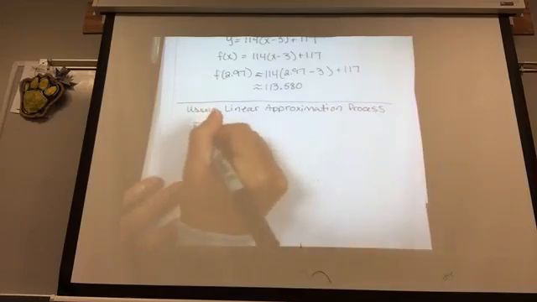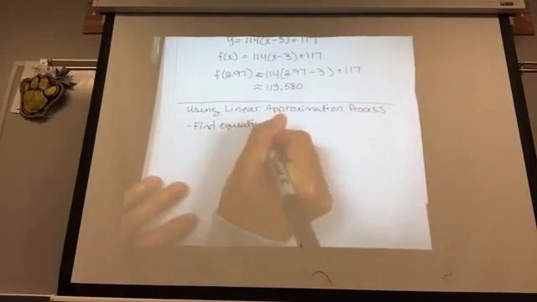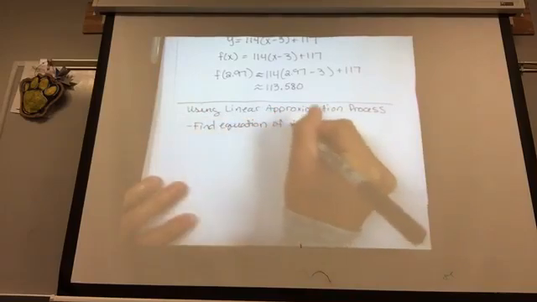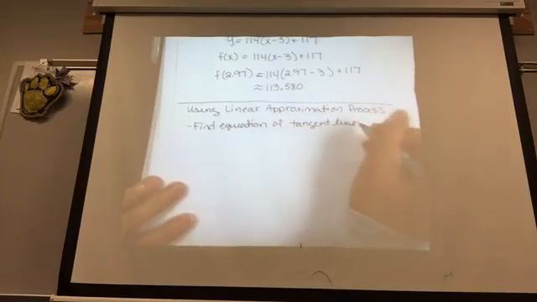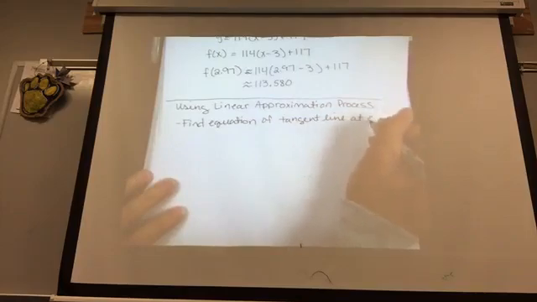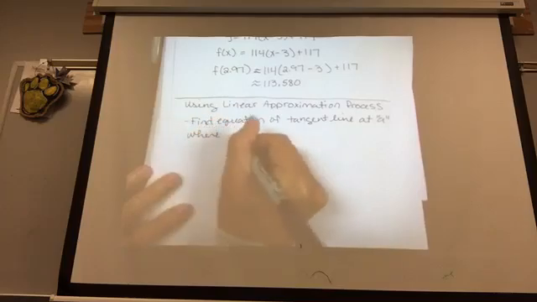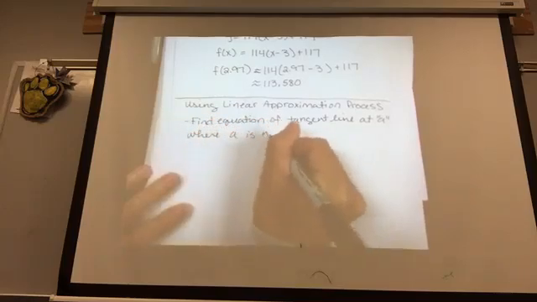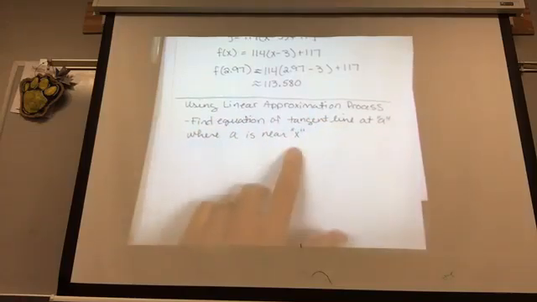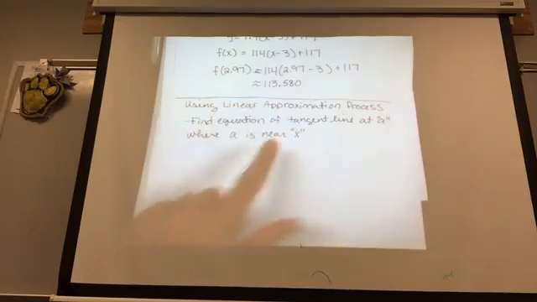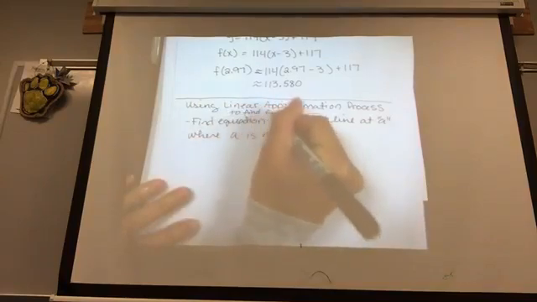Okay, so find the equation of the tangent line at a, where a is near x, what we're trying to find. So I could say using the linear approximation process to find f of x.